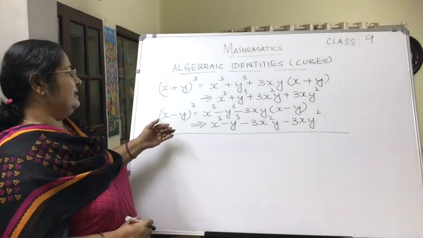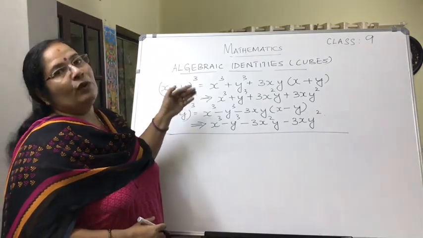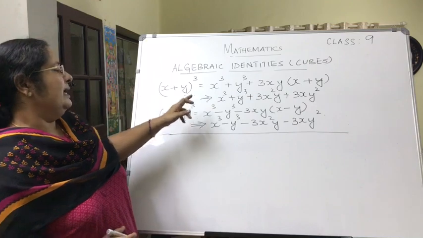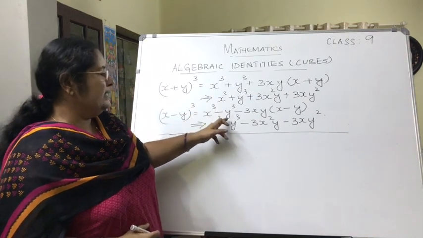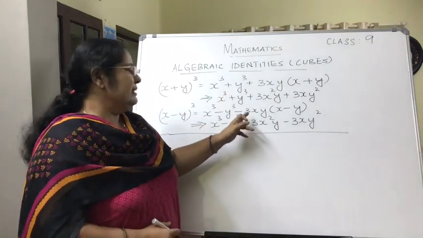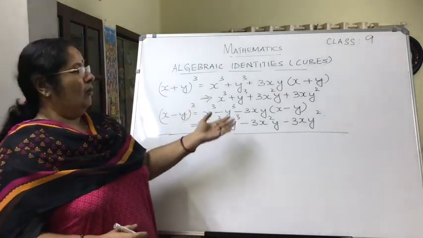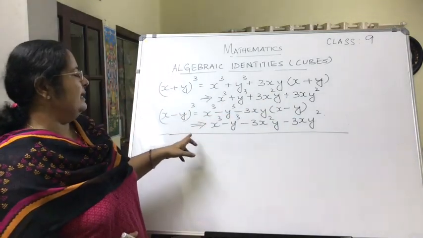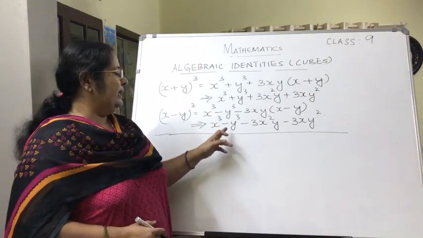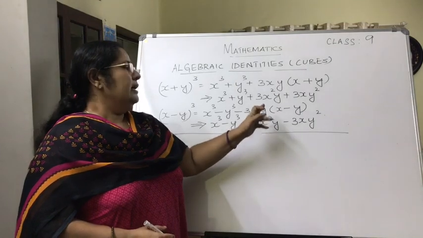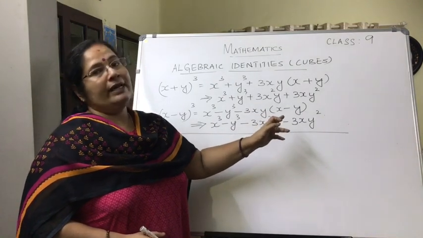Now coming to the next identity, x minus y the whole cube. So x minus y the whole cube is x cube minus y cube minus 3xy into x minus y. Or when you open up the bracket, you will get x cube minus y cube minus 3x square y minus 3xy square.